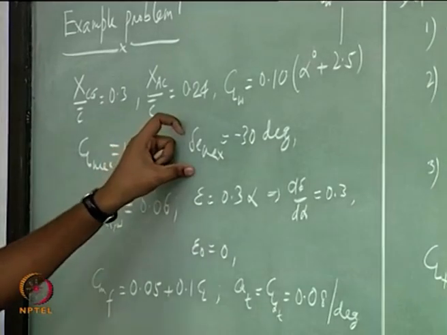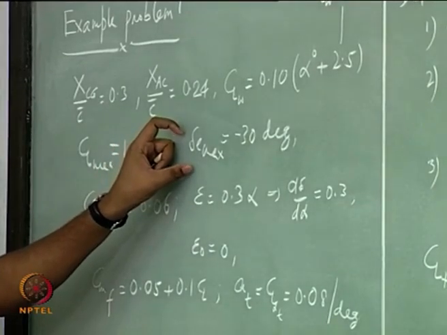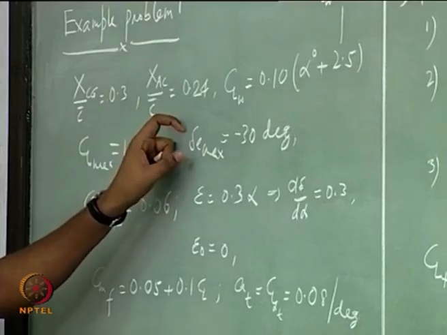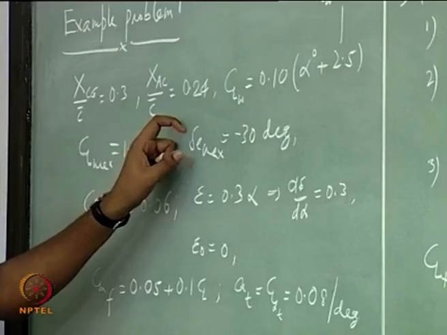We are going to use now this information to find out the forwardmost location of the CG, right. So, we have to see what is the effect of deflecting the elevator on the trim condition, right.